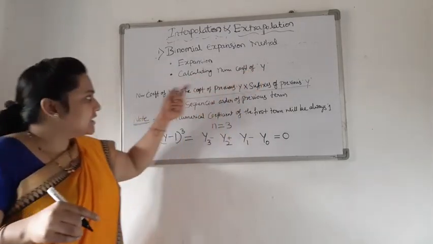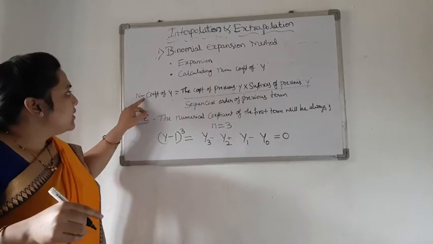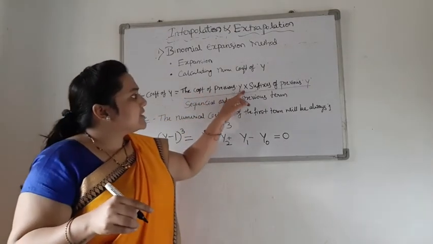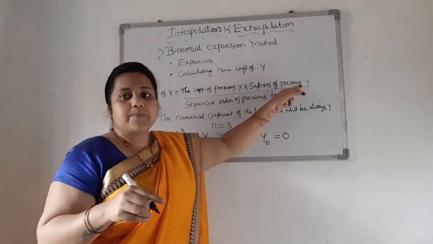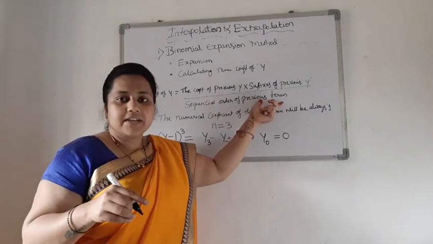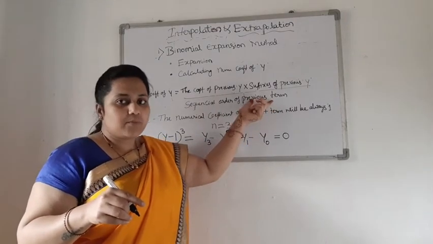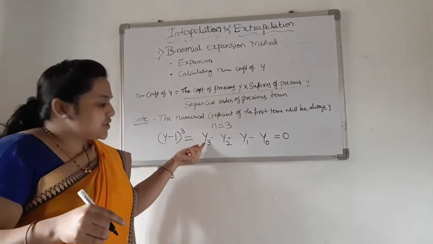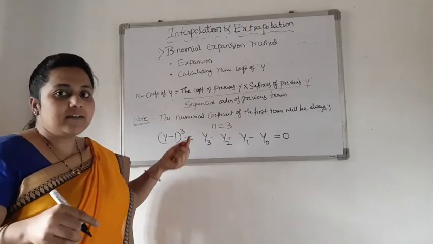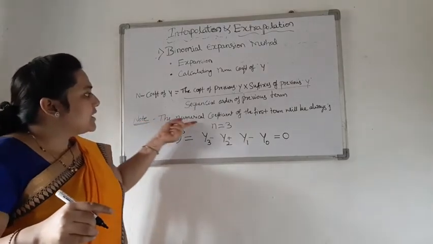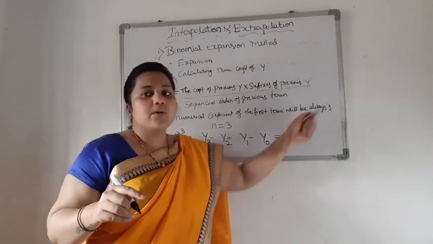I have written here: the numerical coefficient of y is equal to the coefficient of previous y into the suffix of previous y divided by the sequential order of the previous term. Using this formula we are going to calculate the numerical coefficient of y. Before that, we need to know one note.